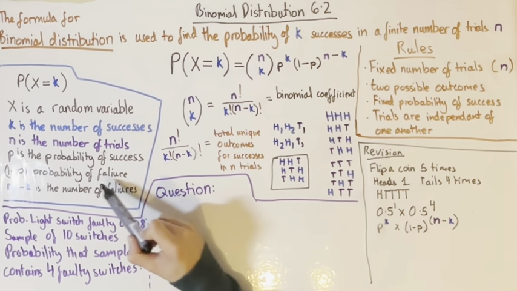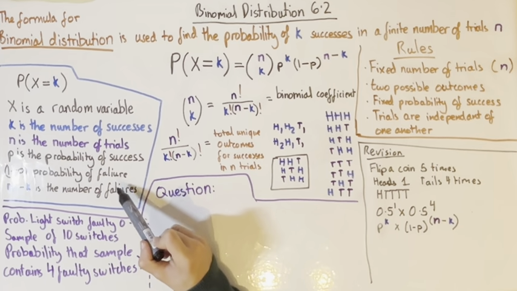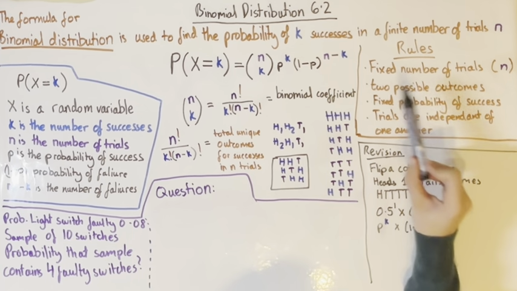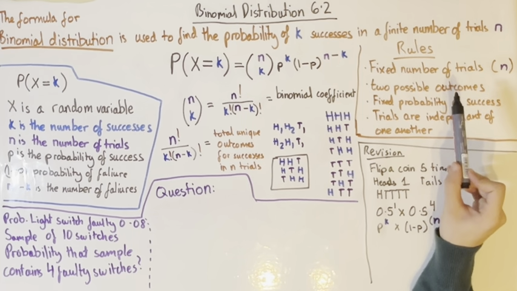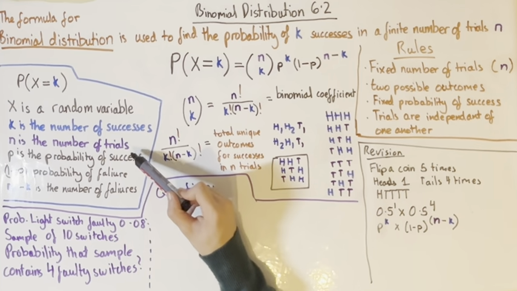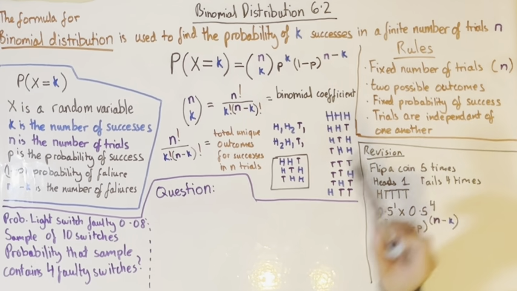So the probability of failure is 1 minus p, and the number of failures is n minus k, because if you have 2 possible outcomes, failures and successes, then the number of failures plus the number of successes should equal n, which is the number of trials.